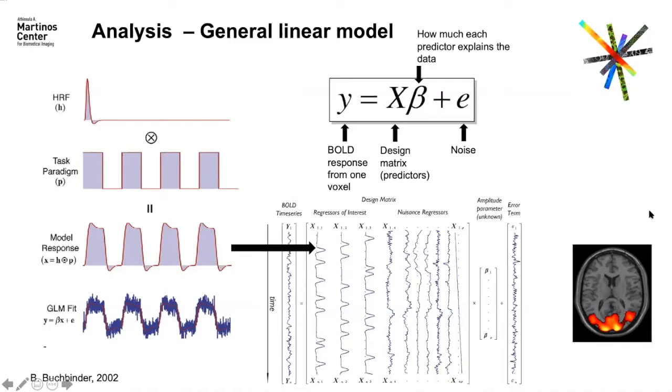And as an end result, you will usually have a spatial map of individual voxels, and it can be, for example, these beta weights for different categories, or T statistics or F statistics, or some kind of measure that tells how significant these changes are.